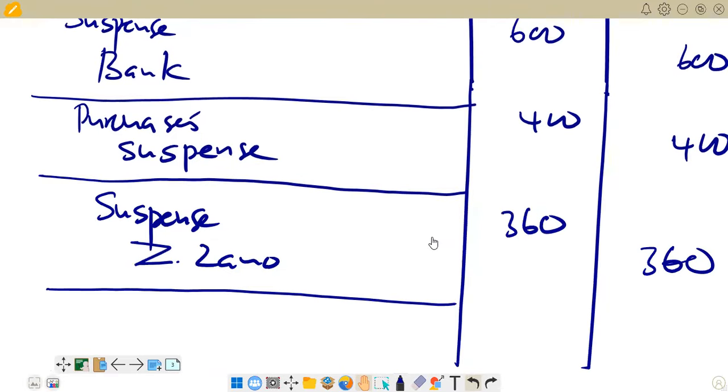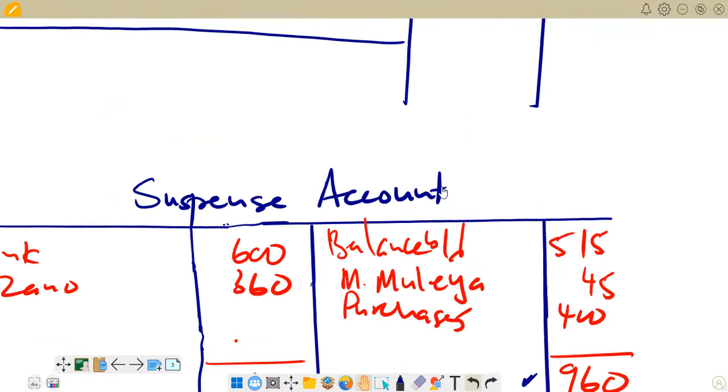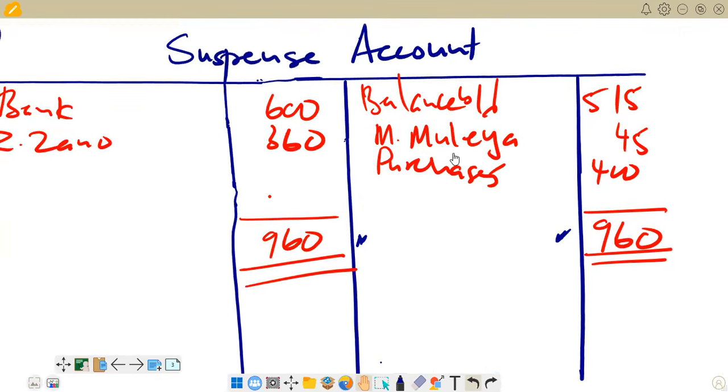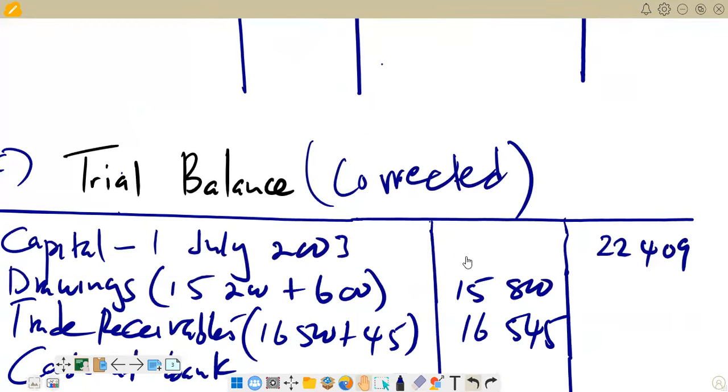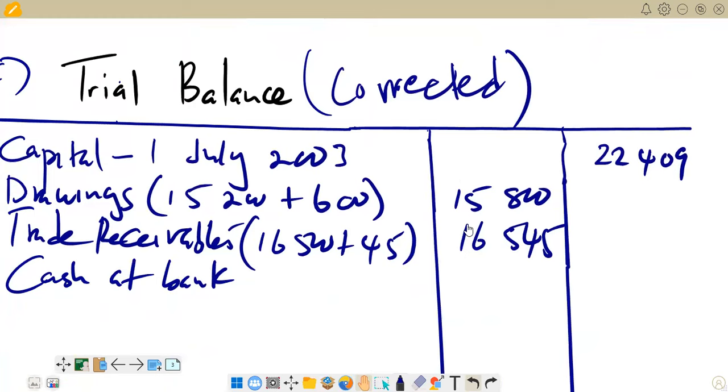So we say we have 7,474 in the old trial balance, and we subtract the 600 in the journal entries. The net figure that we get is 6,874.